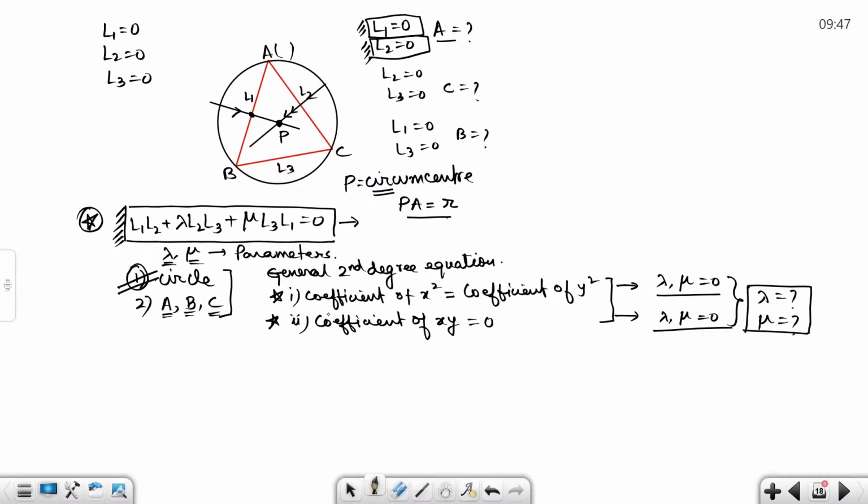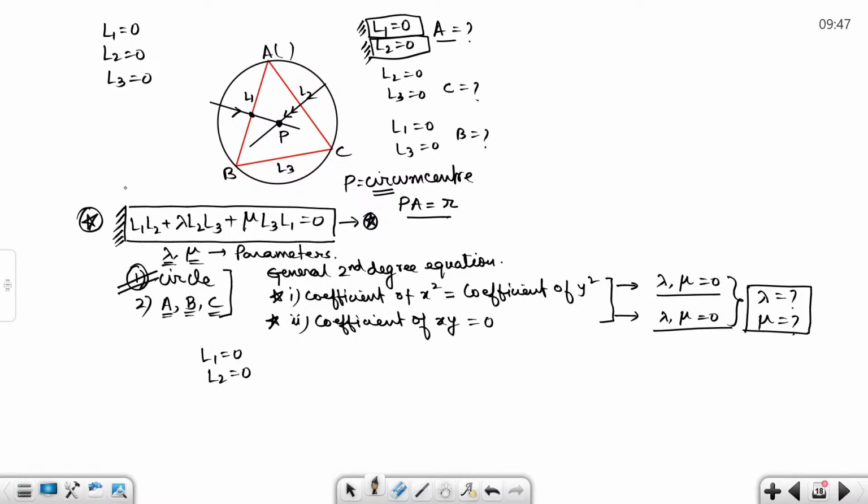Okay, now how will I prove that this equation of the circle is passing through A? I will simply put the coordinate of A in this equation. The moment I put the coordinate of A in this equation, you are going to have L1 equals to 0 and L2 equals to 0.